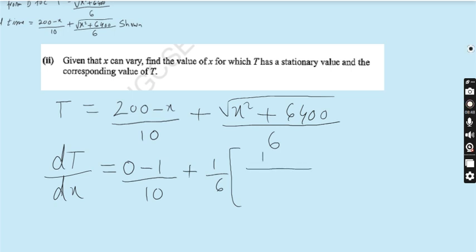So it is 1 upon 2 root of x square plus 6400. This is the derivative of the root, and now find the derivative of the function, that is the derivative of x square plus 6400. The derivative of x square is 2x and of 6400 is 0. Now 2 cancelled by 2.